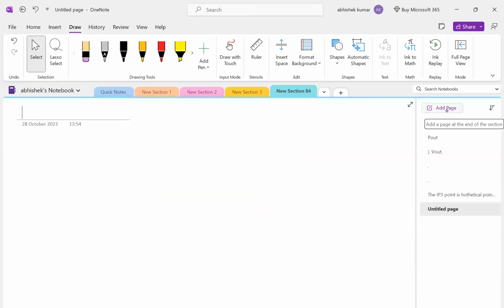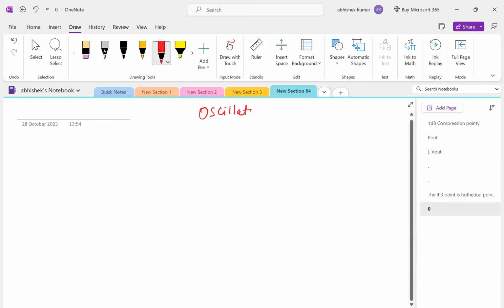Now see oscillators. First of all, the concept behind the oscillator is that we have the concept of PLL before that.